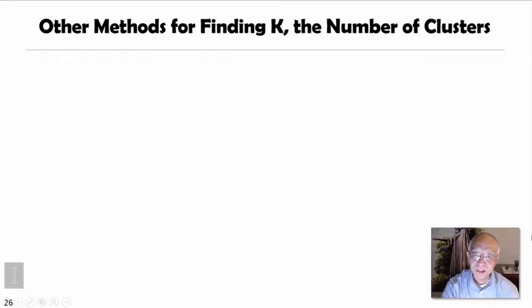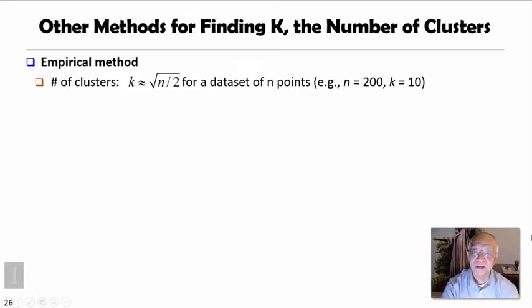Actually, there are many methods to find K, the appropriate number of clusters. One method is called the empirical method, where people give you an empirical formula. For example, for a total data set of n points, you may take the square root of half of these n points. For example, if n is 200, the expected number of clusters should be 10.